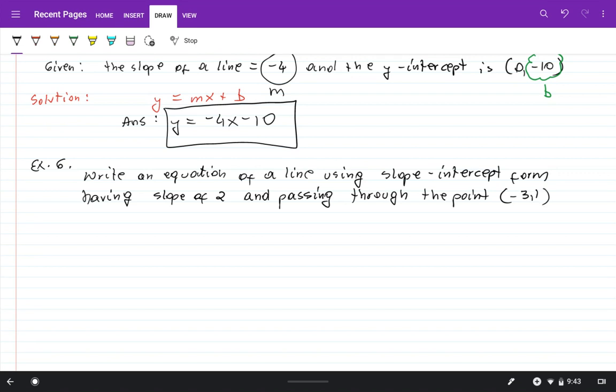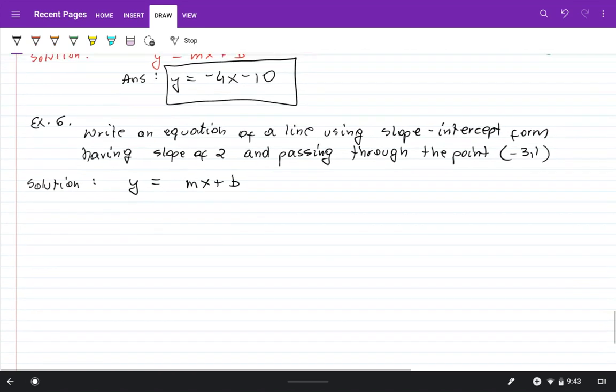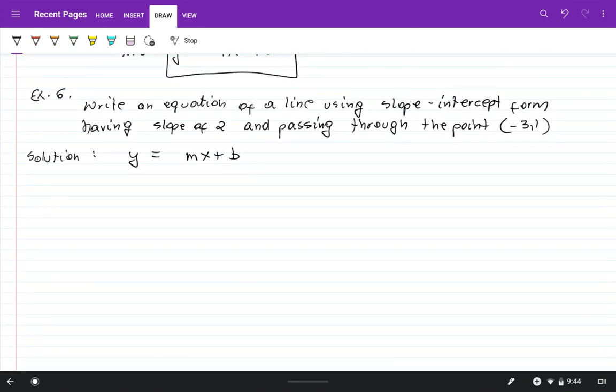Okay, solution. So we build the slope-intercept form. Given the information, we know the slope is equal to 2, so I can start building that equation. So we have y equals 2x plus b.